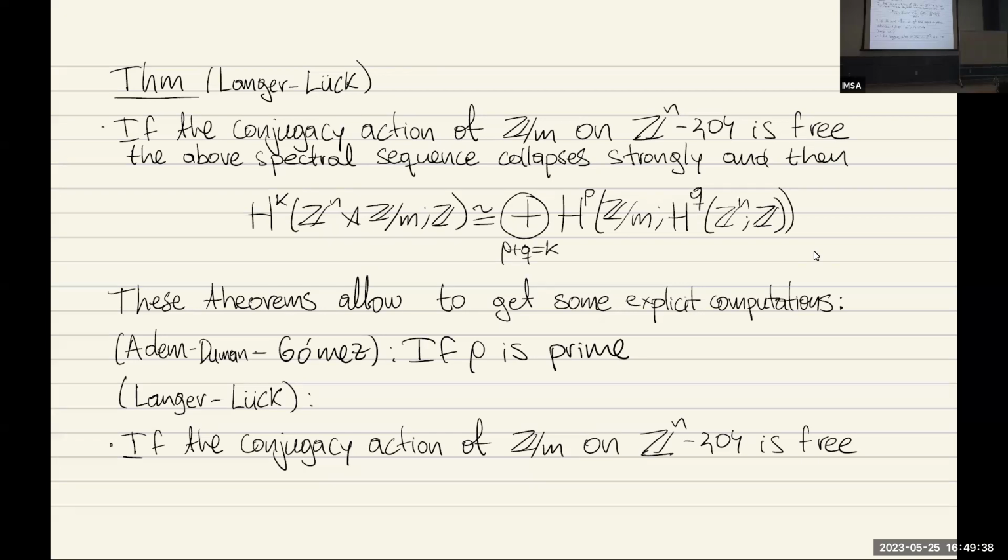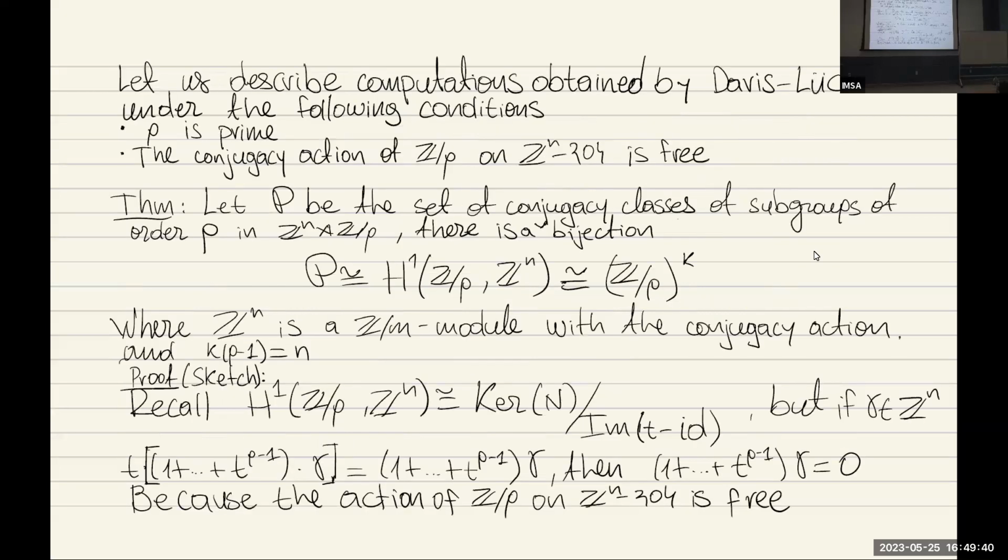Okay. Let me describe the computation obtained by Davis and Lück under the following conditions. The number m is a prime, and the conjugacy action is free outside the origin.